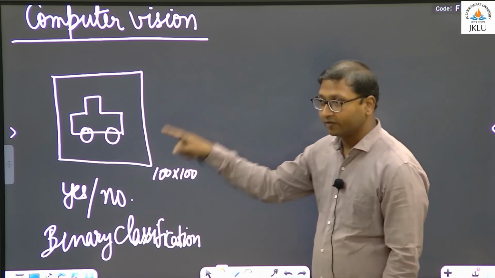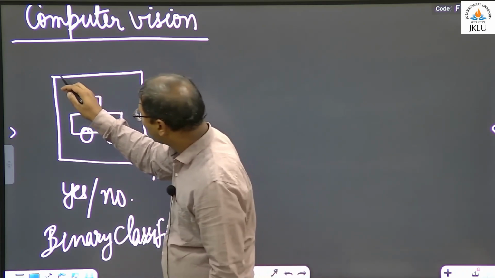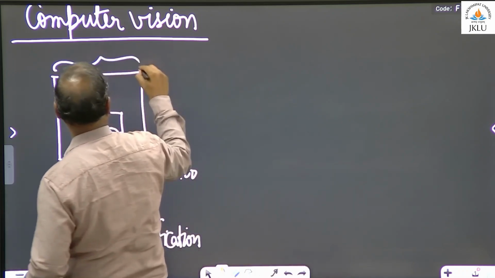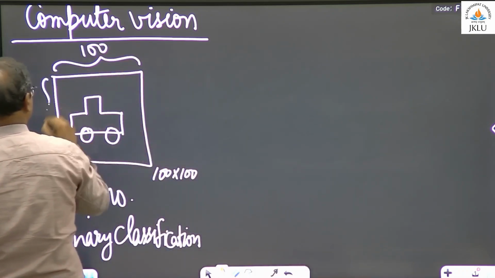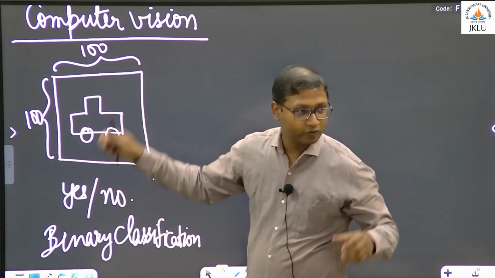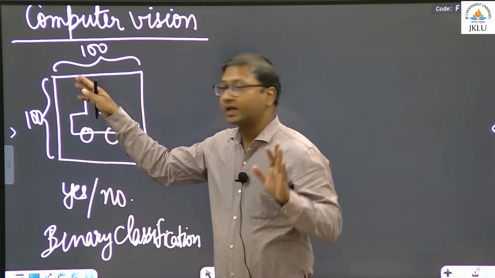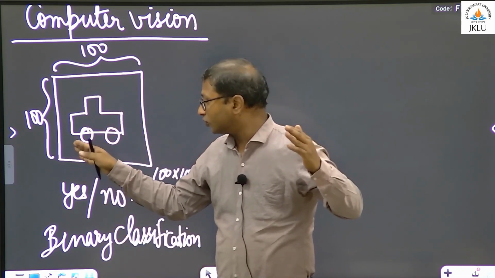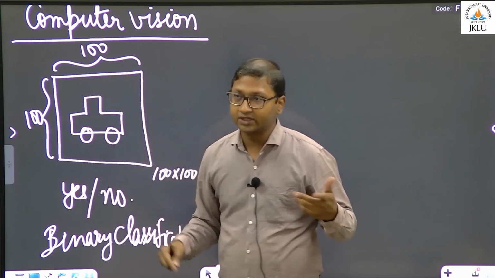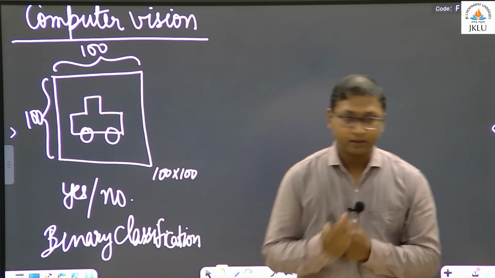So I'll make a vector, right? I have 100 columns and 100 rows. I can stack one column over the other. Does it mean it will be wrong if I stack rows over each other? Nothing wrong with that.